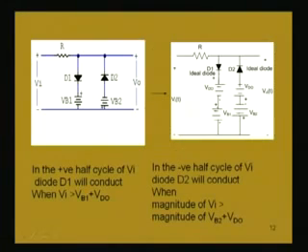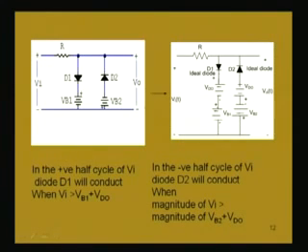In the negative half cycle, the diode D2 will be conducting when the magnitude of Vi is higher than the magnitude of VB2 plus VD naught, because it is in the negative half.